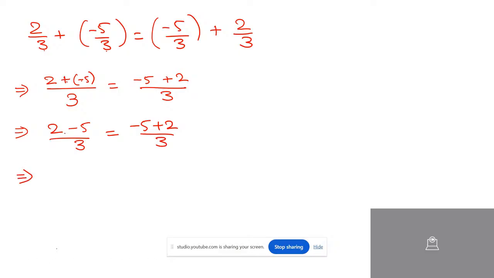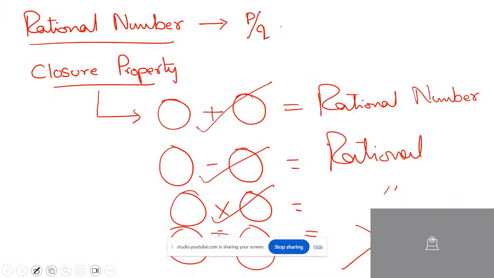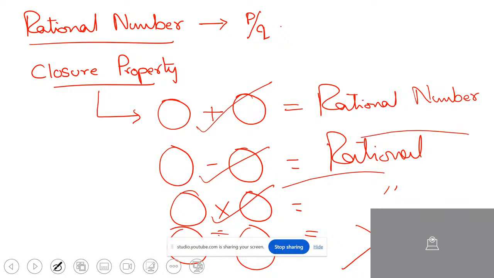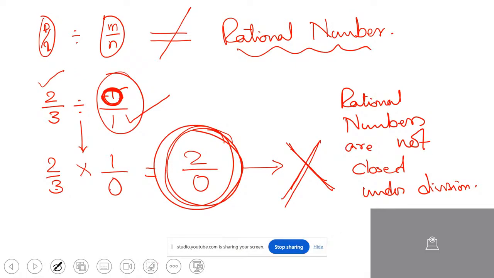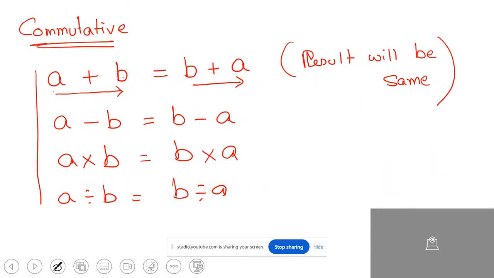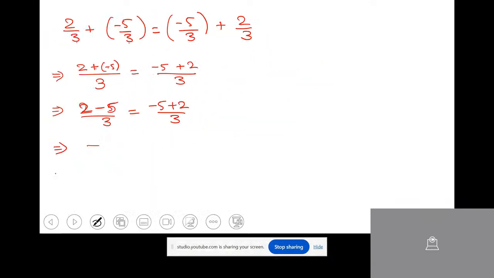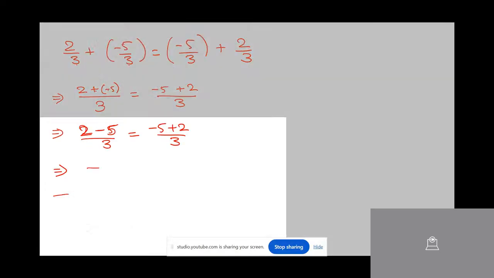My dear students, on left hand side, what is 2 minus 5? 2 minus 5 is minus 3.